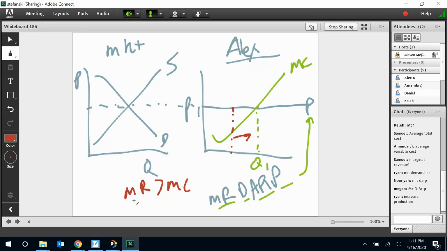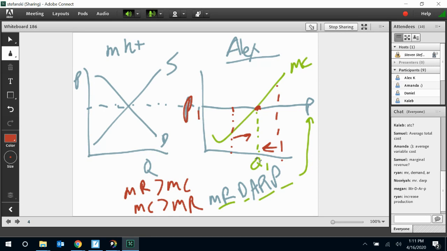If marginal cost is greater than marginal revenue, they're somewhere over here and should decrease production. That's why we're always going to produce right here, because that's where we maximize our profits.